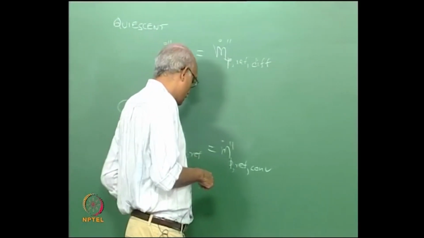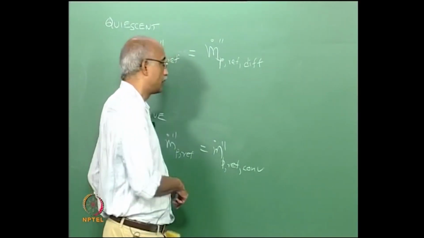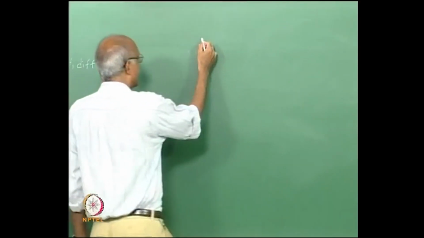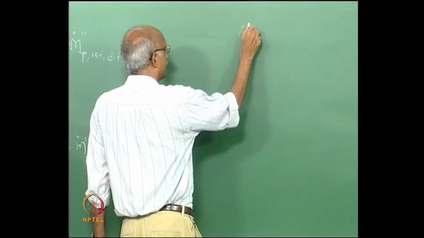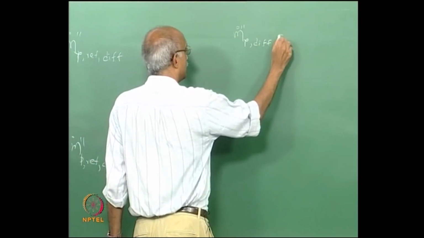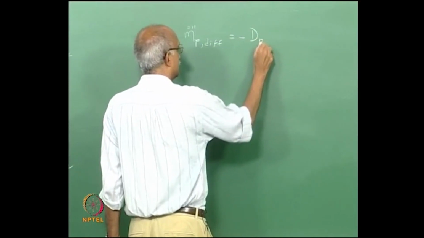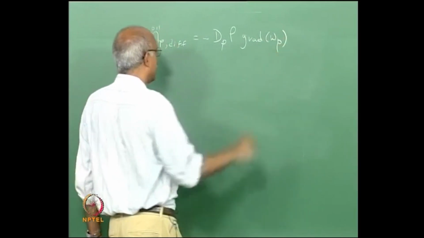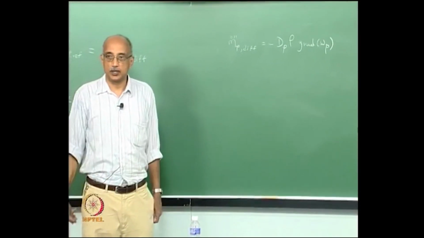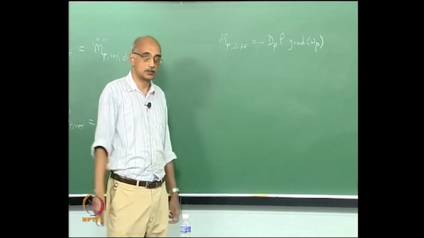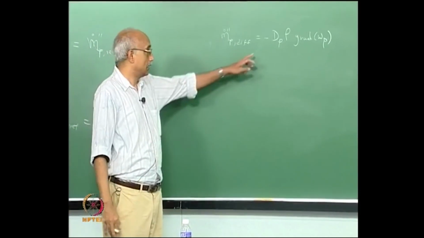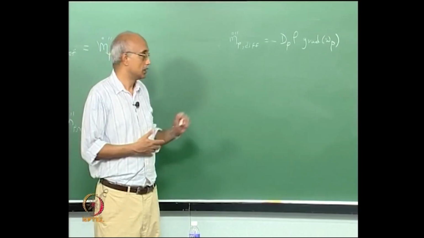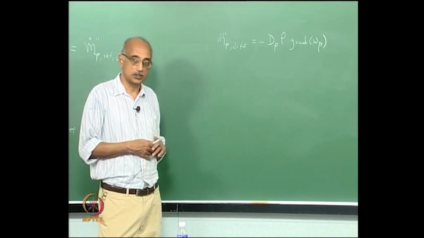You have to go back to your expression for diffusive flux. If you recall, the expression for m_p dot double prime diffusion equals minus D_p rho gradient of omega_p, right? The diffusional flux of particles is proportional to its mass fraction gradient, and it's related by the Brownian diffusivity D_p and the gas density or fluid density rho.